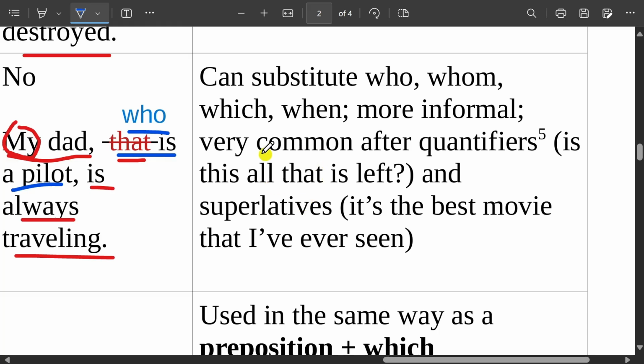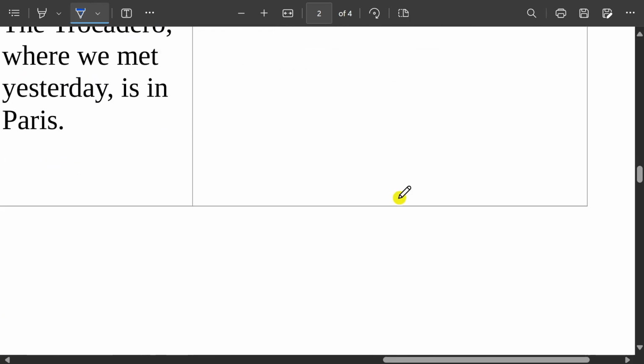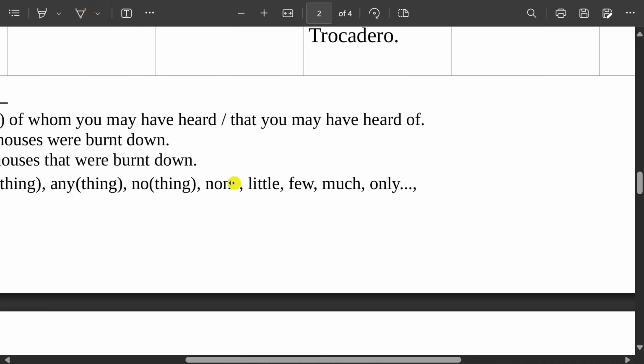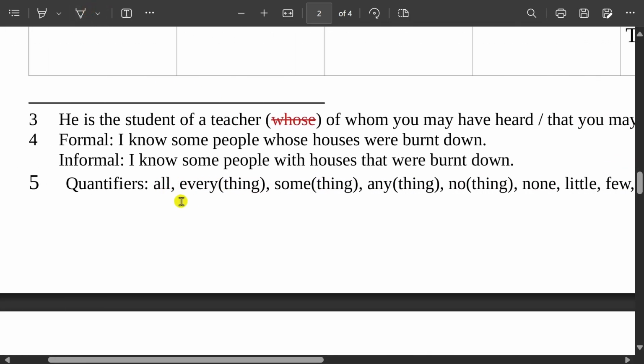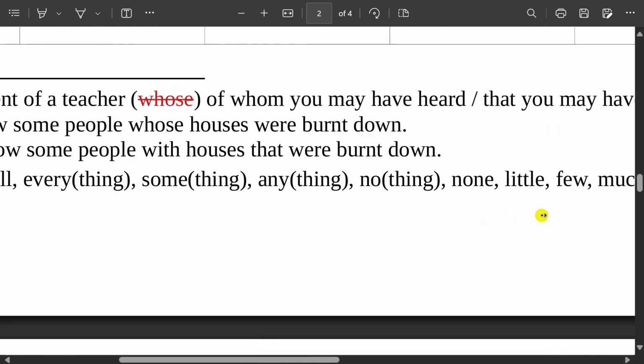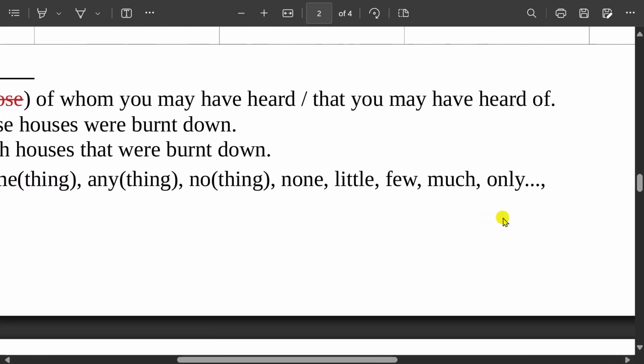And it's also very common after quantifiers. So quantifiers, I don't know if we have discussed quantifiers, but I put them here. Quantifiers are words like all, every or everything, something, anything, nothing, none, little, few, much, only.